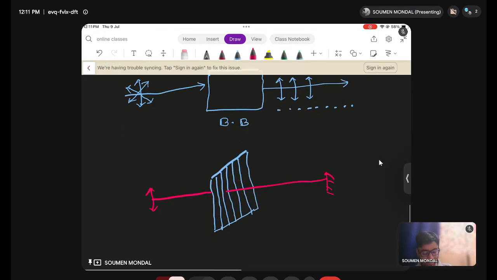We are making this side go up and down, up and down. As a result, we are going to create a wave pulse which is going to travel through the string and reach the dead end. Here is a rigid support.